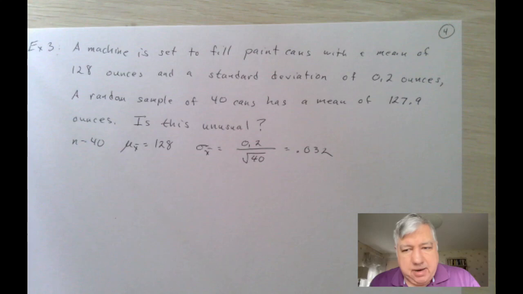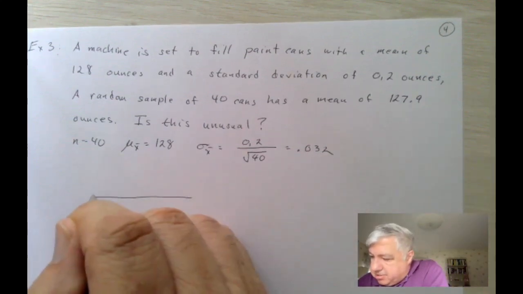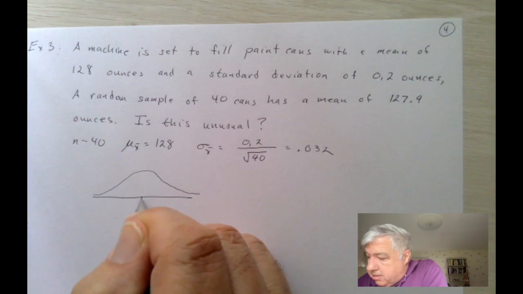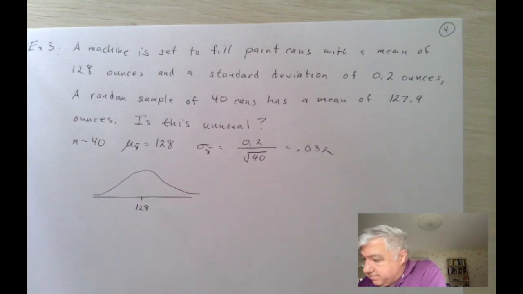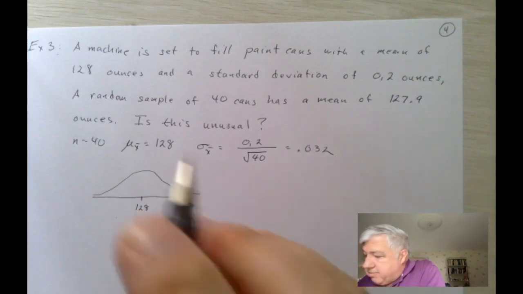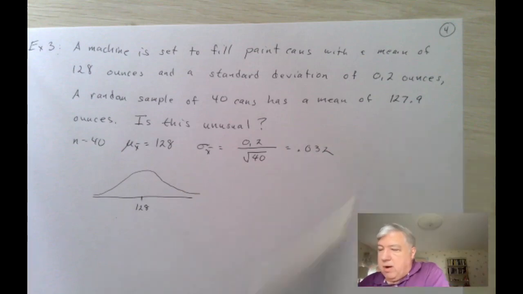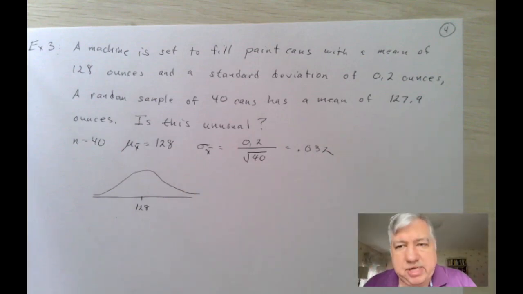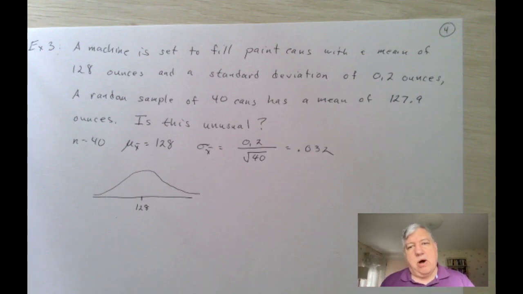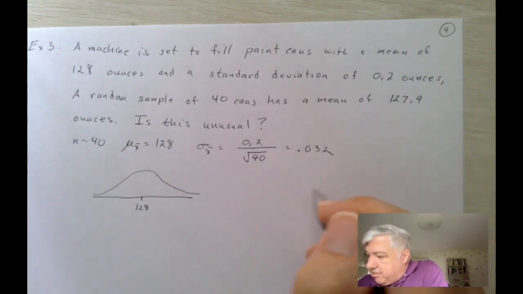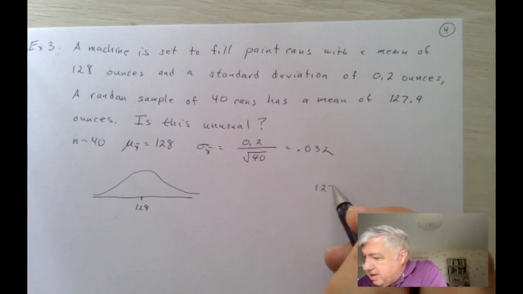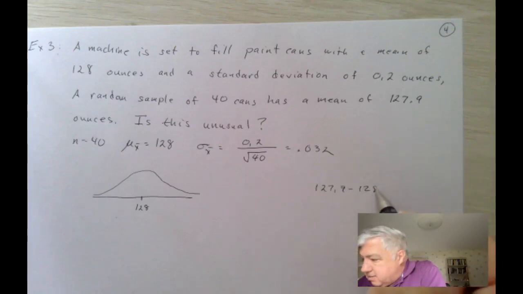Well, let's just think about this. Here's our sampling distribution, and the mean is 128. Okay. And we get 127.9. Now, you say, oh, well, that's not very different. That's almost 128. But the question is, what's this difference? How many standard deviations are we away from this? Okay. 127.9 minus 128, that's equal to negative 0.1.